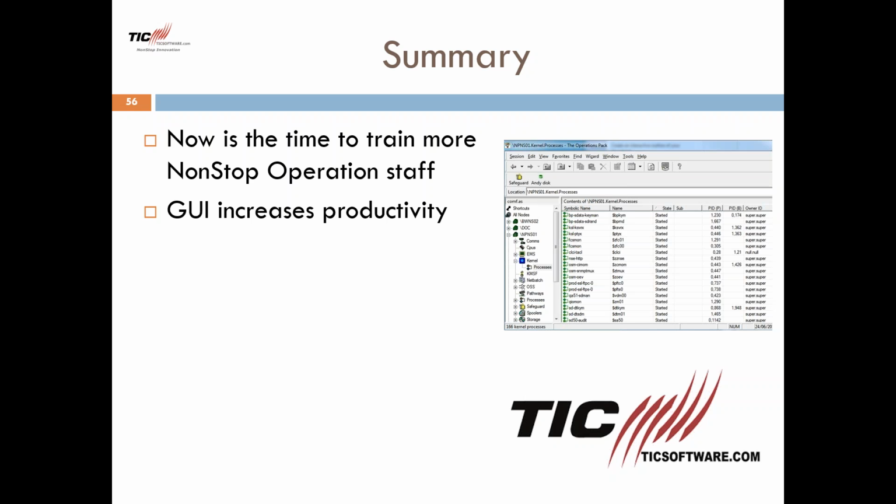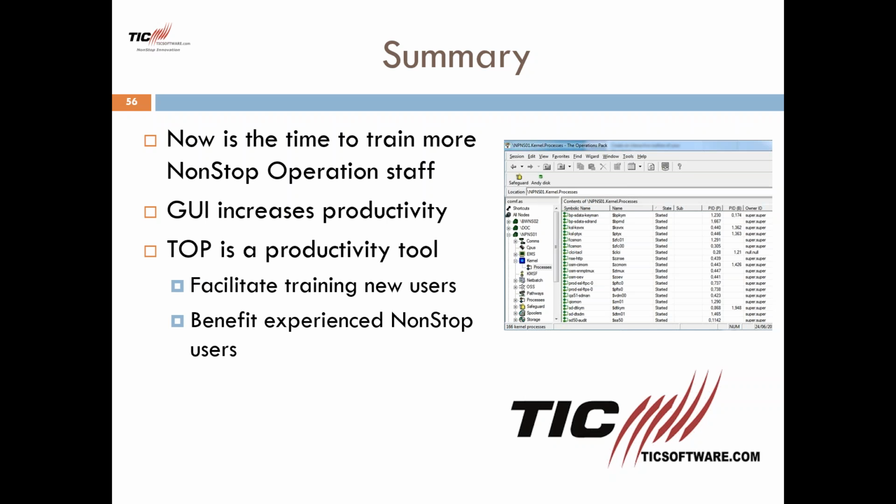You need to think of better ways and new ways to get people trained. And the way to do that is you want to have a new training methodology, a new GUI tool, and what we're advocating, top is the right tool to do that. But in addition to training new people, it also allows experienced nonstop users to gain the benefit. So you have a team of people both using the same tool, reaping the benefits.